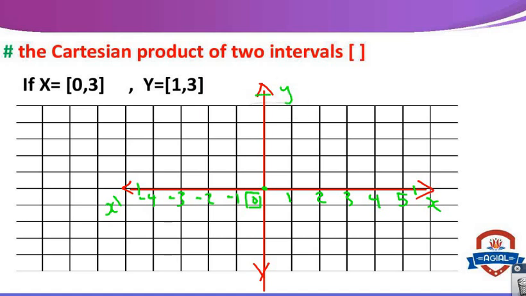Y, vertical straight line: 1, 2, 3, 4, and so on, negative 1, negative 2, negative 3, negative 4, and so on, Y dash. Number 1, represent the interval X on the x-axis: the closed interval 0 and 3.